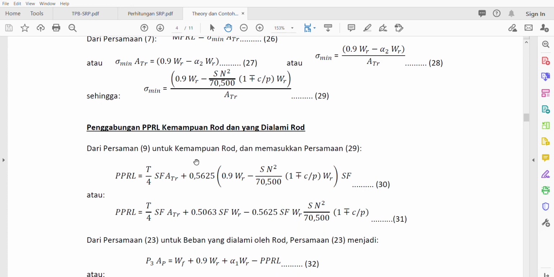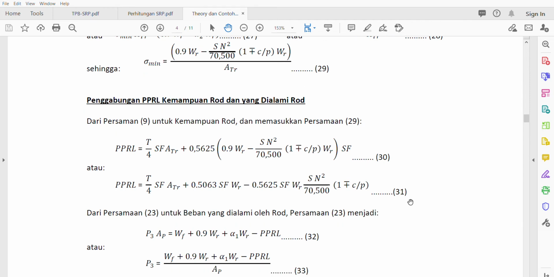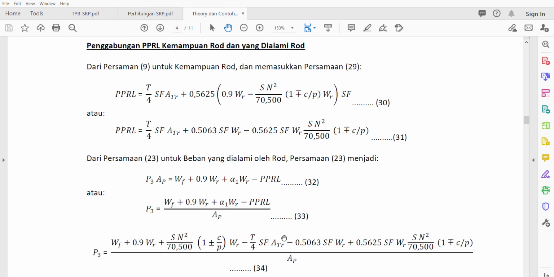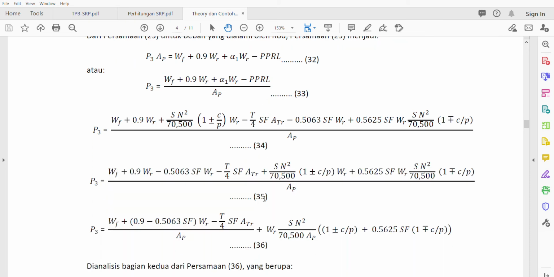We combine it, so we end up with this long equation, or finally equation 31. And then if we rearrange equation number 23 for P3 or PWF, we end up with this equation, and we plug in everything, PPRL, in here. We finally have this long equation.